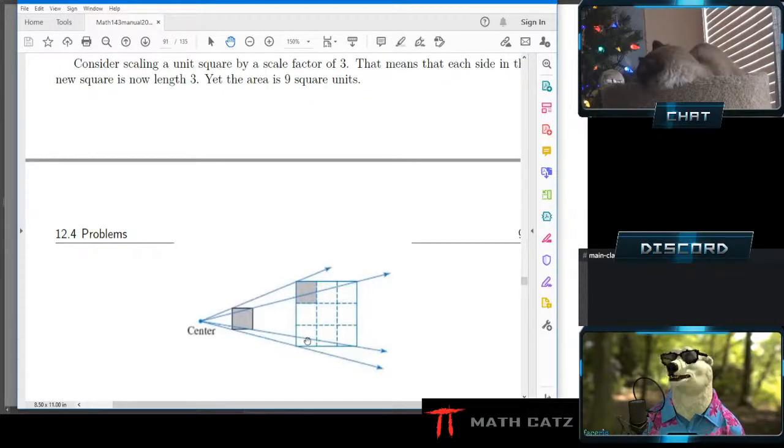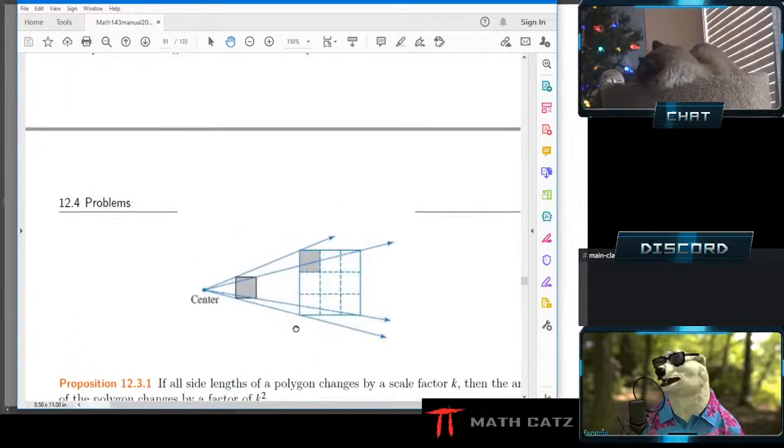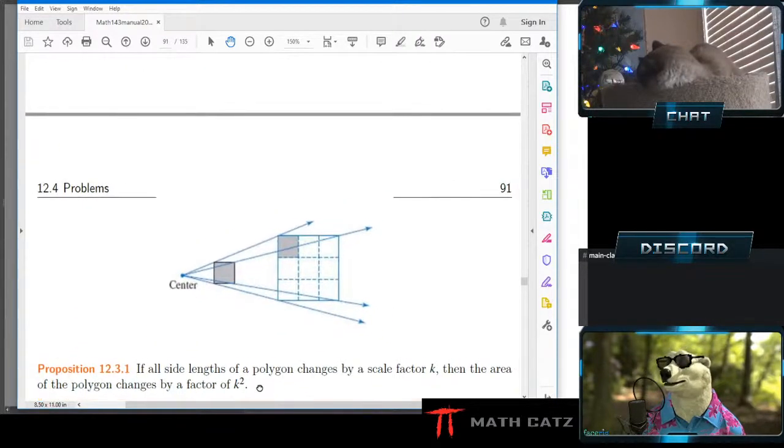And when this square is a 3 by 3 square, the area is 3 times 3. So the scale factor that was involved in the length of the new square is also involved in the height of the new square. It's involved in both and will be featuring twice in the multiplication.